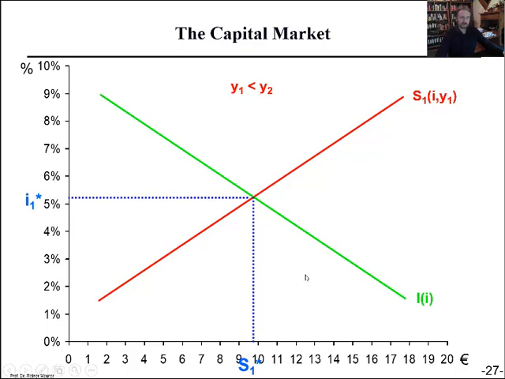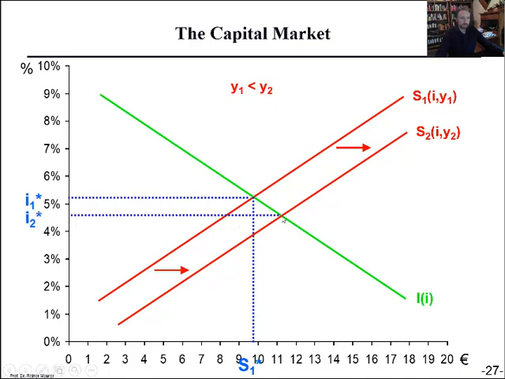So if household income grows, we have to shift the savings function to the right. As a result, the intersection point will now lie on a lower interest rate level. Since the interest rate falls, a larger credit volume is therefore demanded, and hence more investment projects are realized.